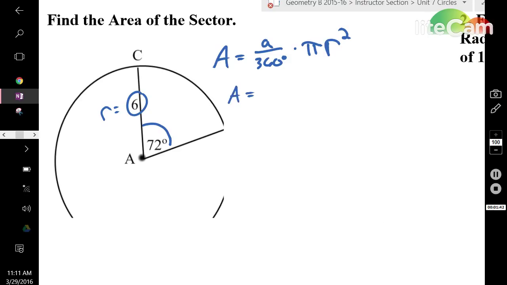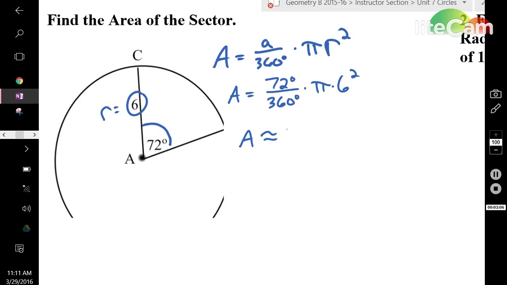So plug in 72 degrees for A, your central angle, times pi times the radius squared, so that's going to be 6 squared. And you can just type this in all at once, 72 divided by 360 times pi times 6 squared.